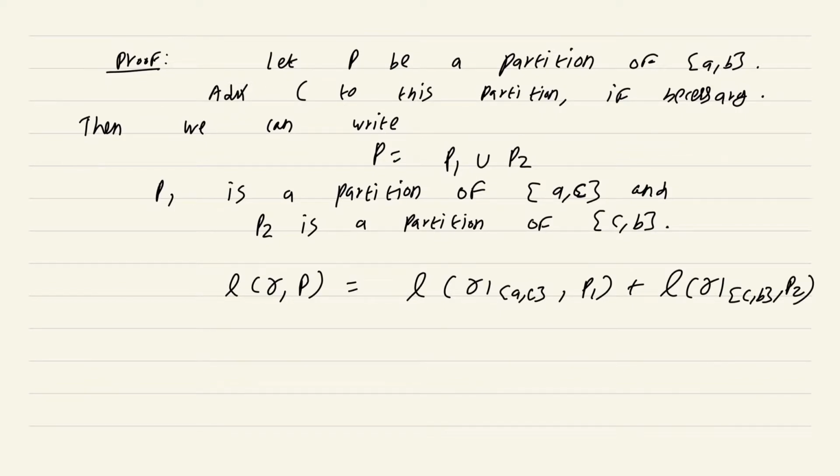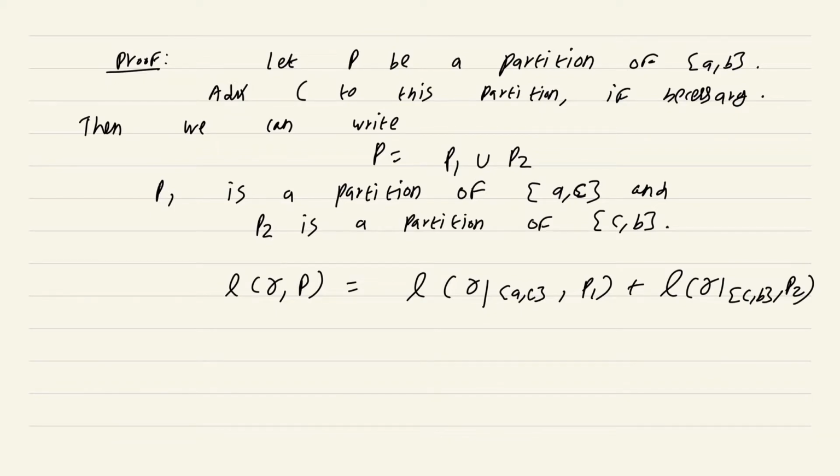The fact that you have equality here just follows by expanding out what the expression for the length of gamma with respect to P is, and what the length of gamma restricted to [A, C] with respect to P1 is, plus the length of gamma restricted to [C, B] with respect to P2. The left hand side and right hand side are equal just from the definition of what the length with respect to a partition is. Just write it out, you will get it.